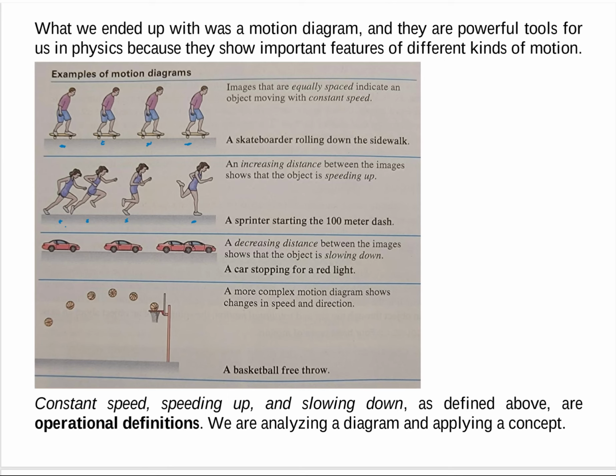We're getting more and more space between each one of those figures. That means we're speeding up. What about here? We have figure 1, figure 2, figure 3, figure 4. We're slowing down. We don't know how fast they're slowing down, but we know they're slowing down, and the reason we don't know how fast is because we don't have a scale here.